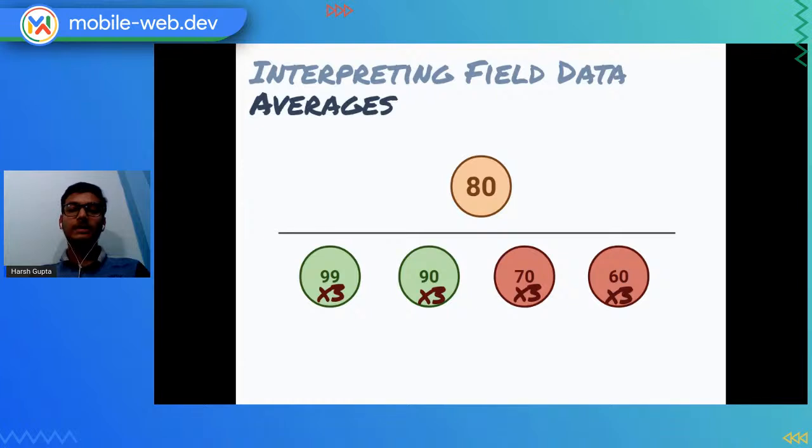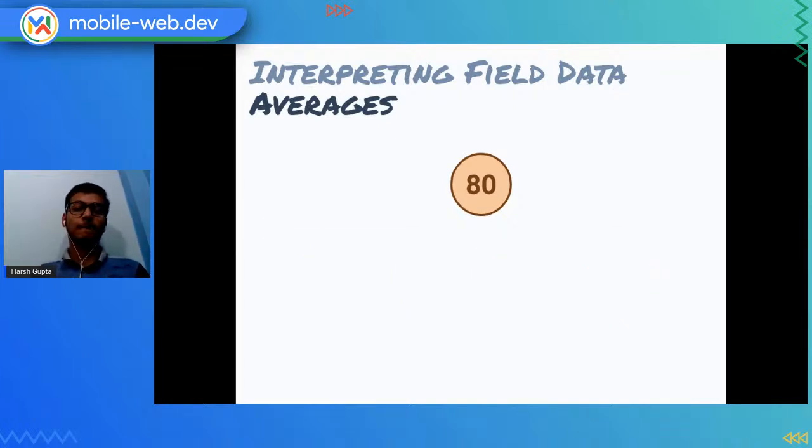So my 50% of the audience is getting a good score, and 50% is not getting a good score, from 70, 60, so it is not good. There is a problem, because 50% of my audience is having a very good experience, but the other 50% is not, and I'm getting an 80 score, which is a decent score.